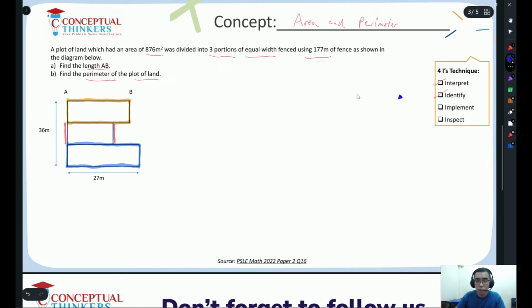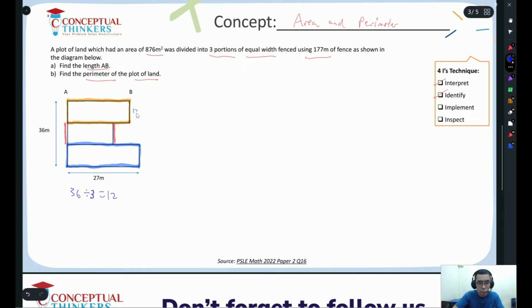Now I'm going to fill in as much information as I can to help me solve the question. We know that the whole length from point A to the bottom here is 36 meters. So all these 3 layers contribute to give me 36. I take 36 divided by 3 to get 12.